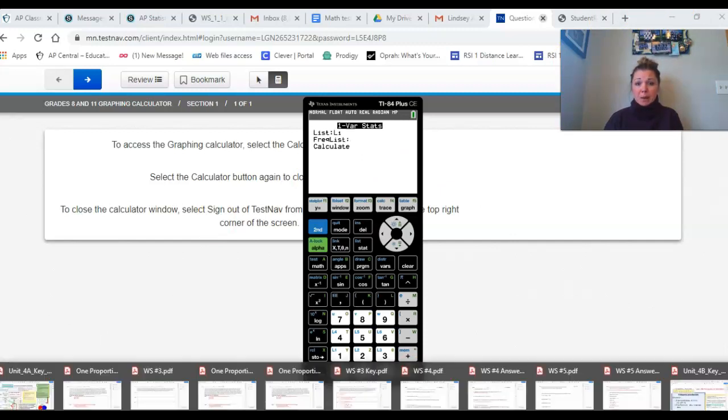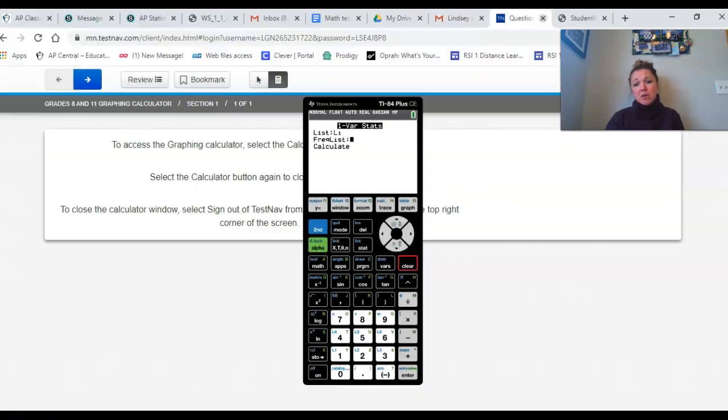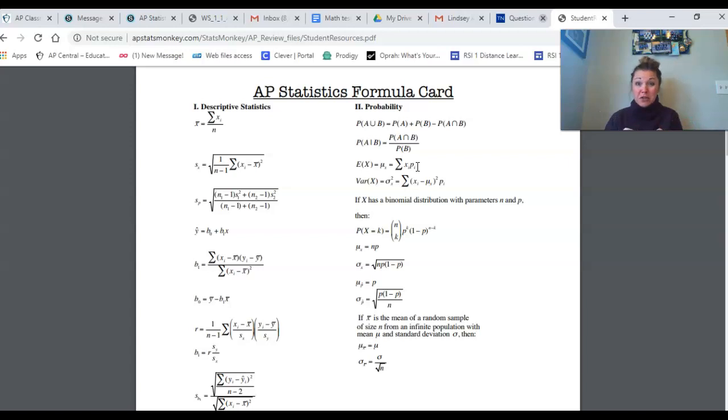Okay, let's move on here. Going back to our PDF, when we find that expected value, like you said on that formula, you see that summation sign. So you're taking the first observation times the probability of that observation, and then you continue that. Now, I showed it to you in the calculator, but you do have to show your work on the AP exam.